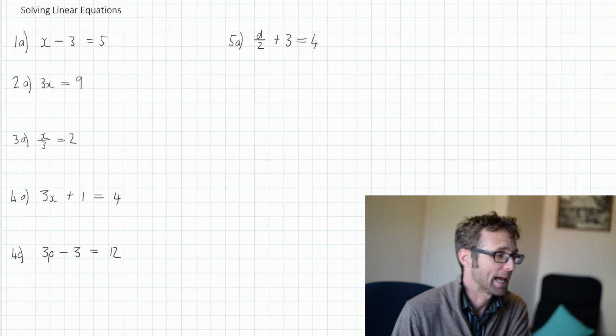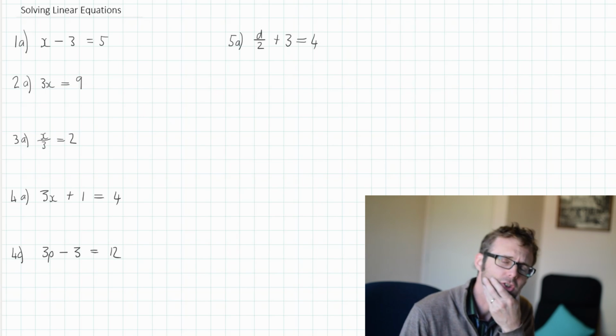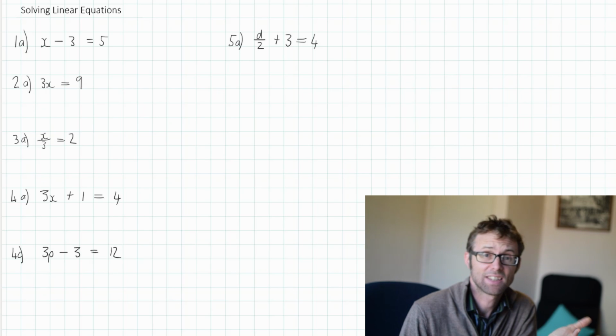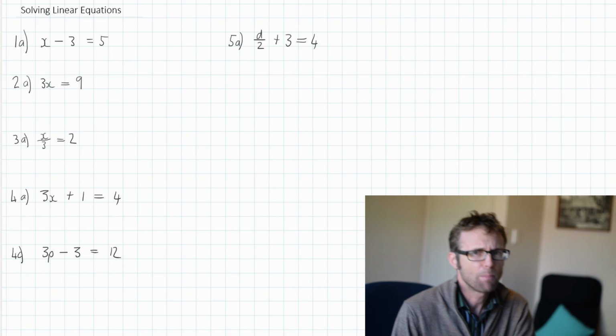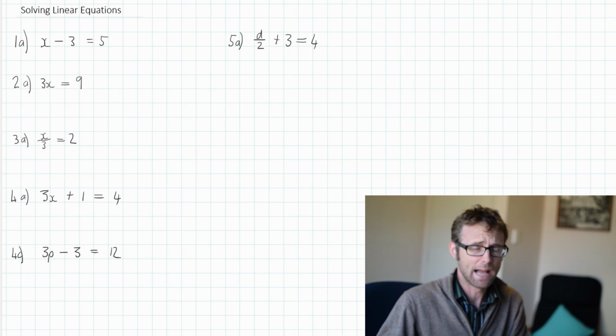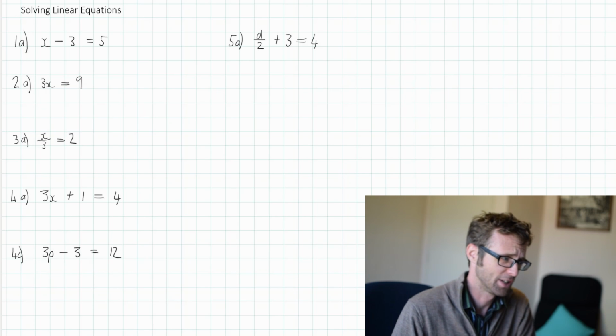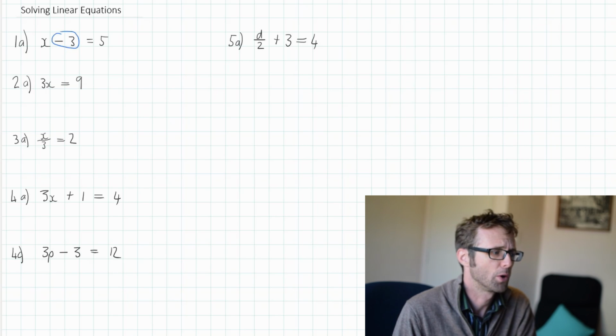The first one is 1a, x minus 3 is equal to 5. Now with linear equations and solving them, you're trying to find the unknown. In this case it's x, and you do that by pulling across everything to the other side so that you're finally left with x. In this case I've got this minus 3 that I need to get rid of. And how do I get rid of a minus 3? Well, I have to add 3 to both sides.